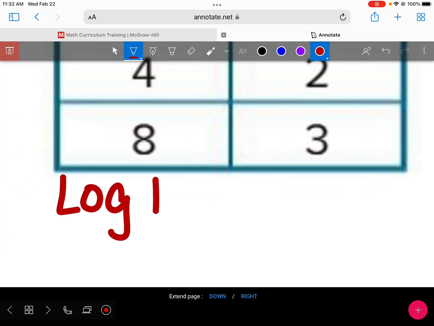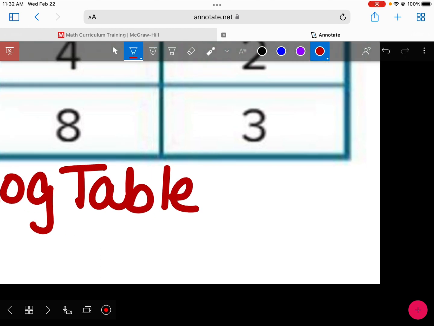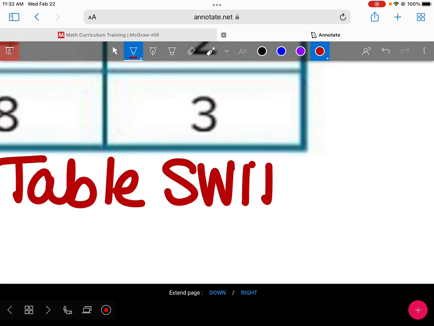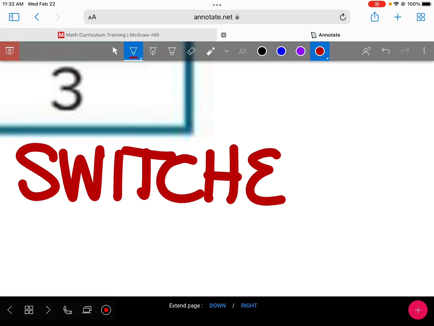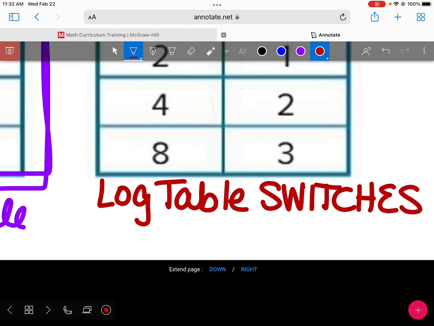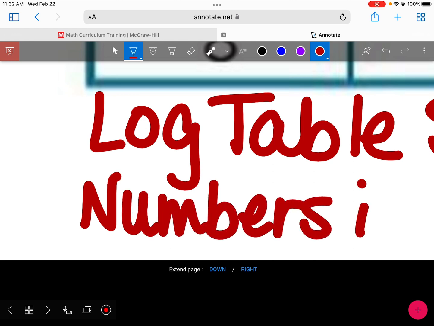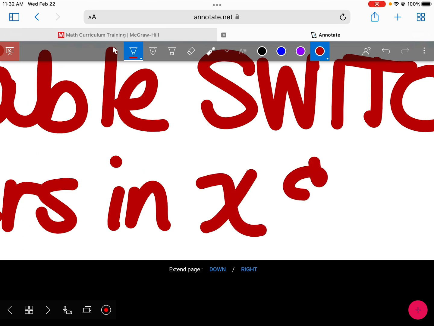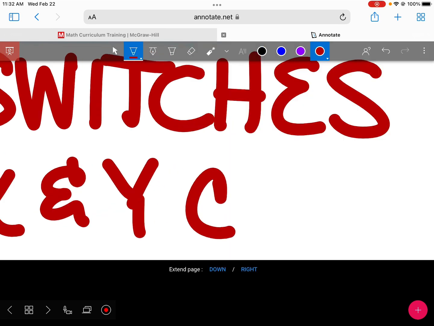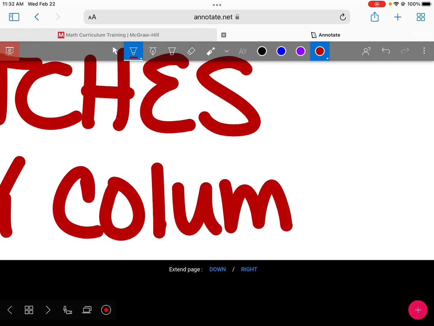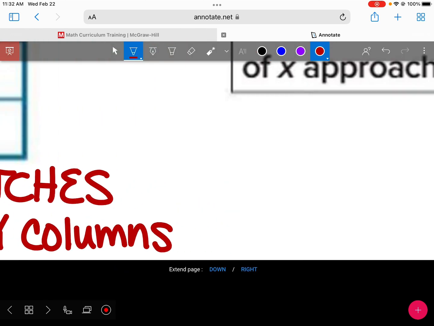So the log table switches the numbers in the x and y columns. Did the x and the y, did those letters trade places?